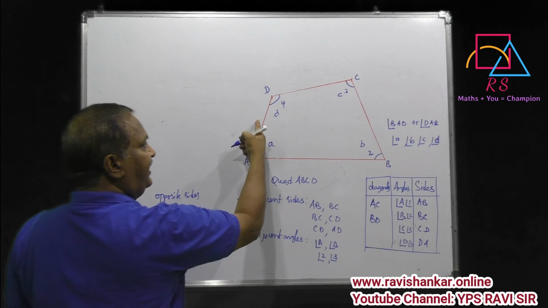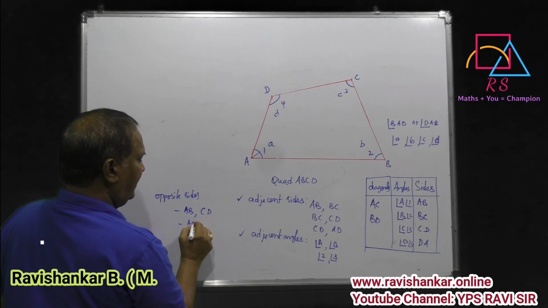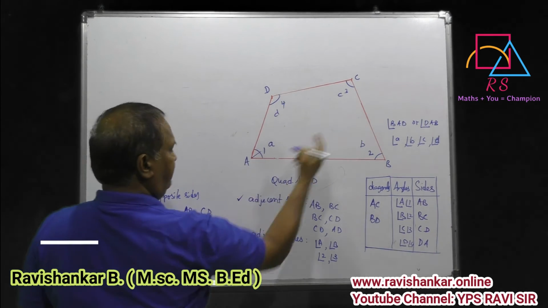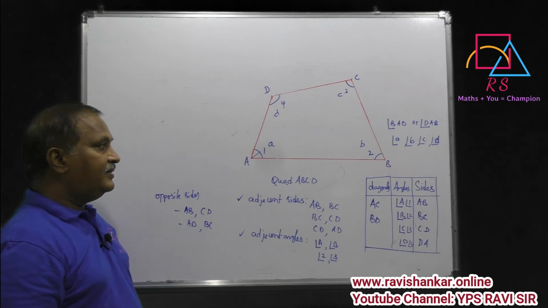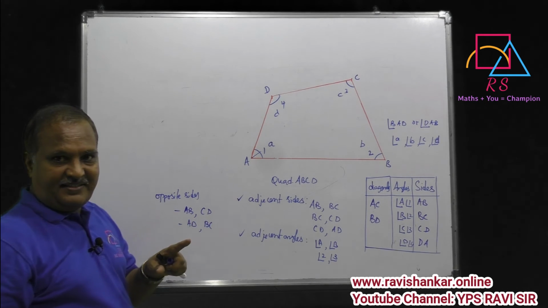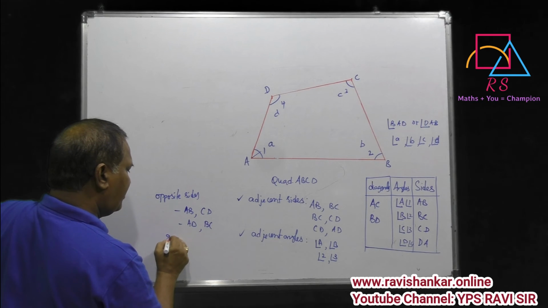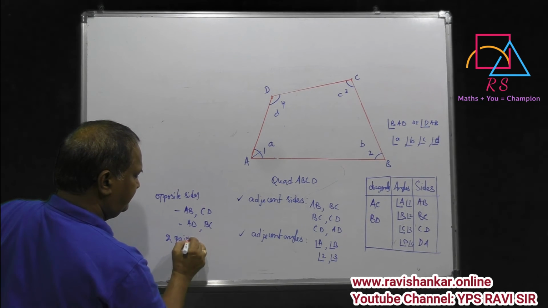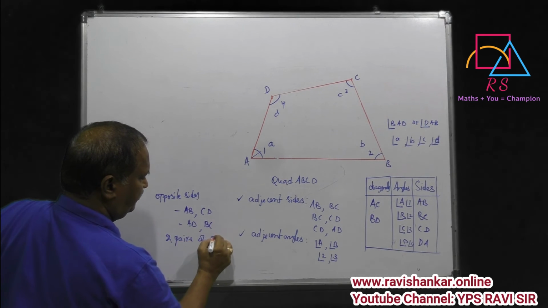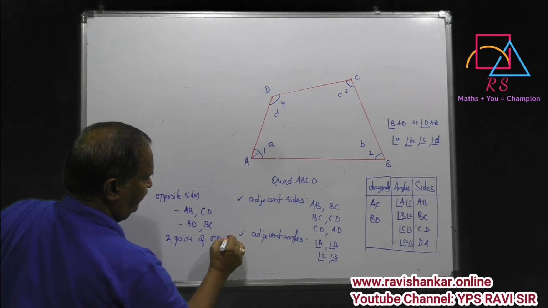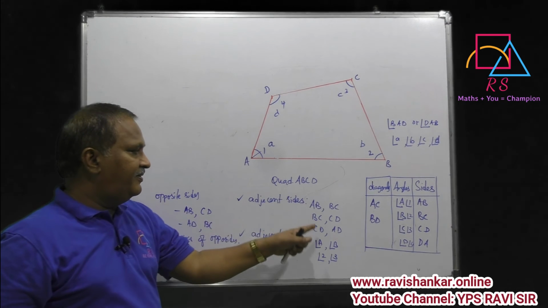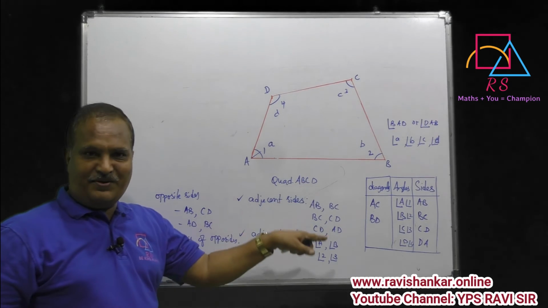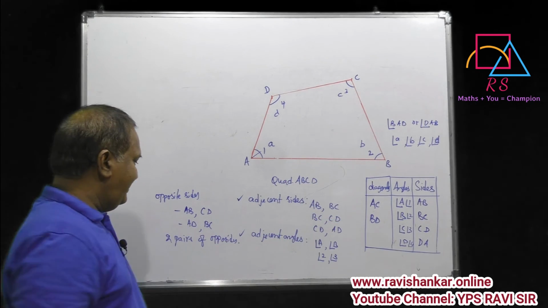Suppose you take AD as one side, its opposite side is BC. So these are opposite sides. There are two pairs of opposite sides. Now how many pairs of adjacent sides are there? You list them out and you can remember.